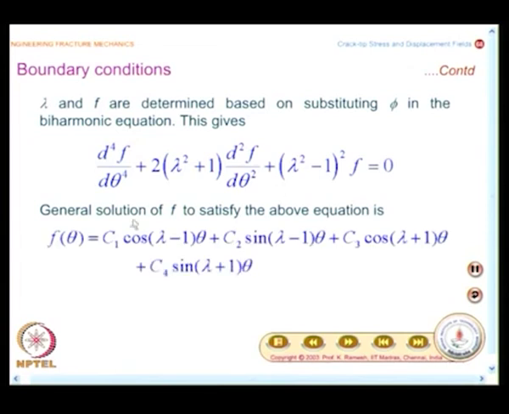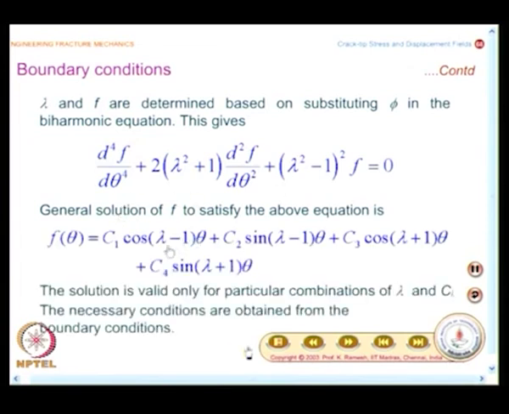and the most general solution for this is given as f of theta equal to C1 cos lambda minus 1 theta plus C2 sin lambda minus 1 theta, plus C3 cos lambda plus 1 theta plus C4 sin lambda plus 1 theta.